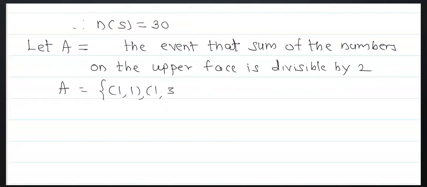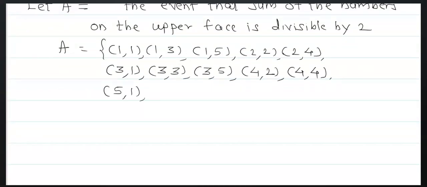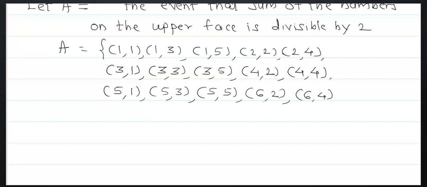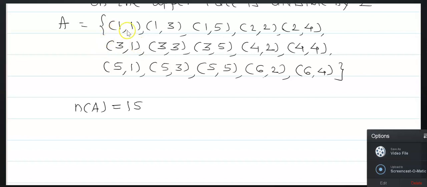Therefore, the points are 1 1, 1 3, 1 5, 2 2, 2 4, 3 1, 3 3, 3 5, 4 2, 4 4, 5 1, 5 3, 5 5, 6 2, 6 4.